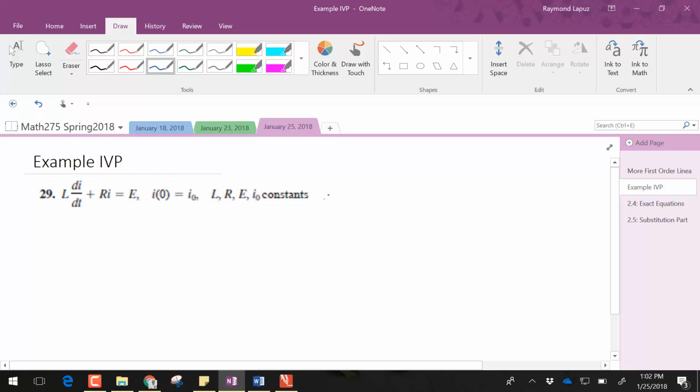So let's go through this. di/dt. We want I of t, by the way, so we know what the independent variable is. We know what the dependent variable is. di/dt is equal to E over L minus R over L times I. And so that gives your p of x function, or p function, is equal to R over L, which is a constant, right? Nice and simple.